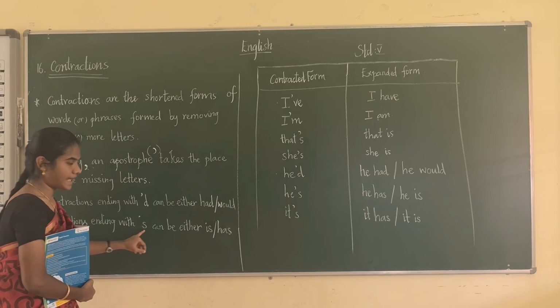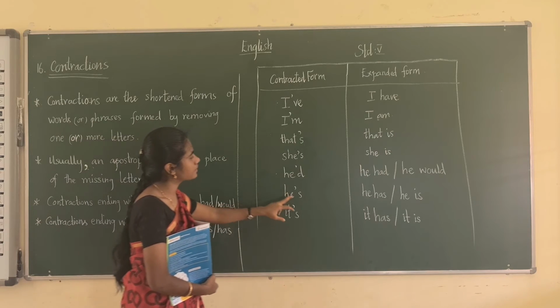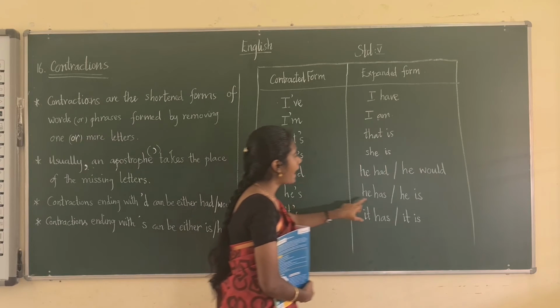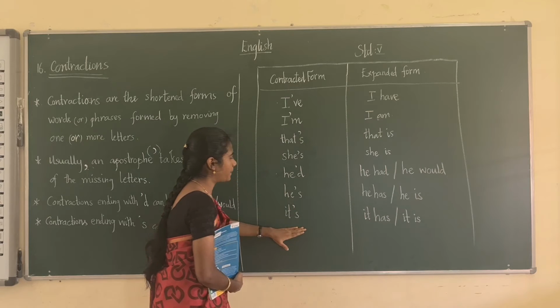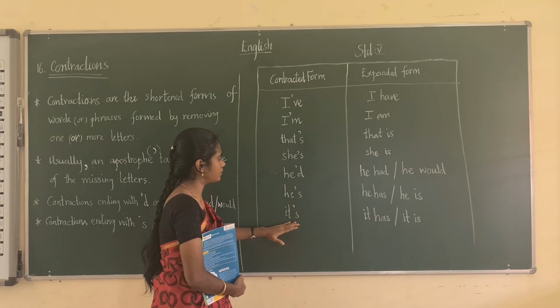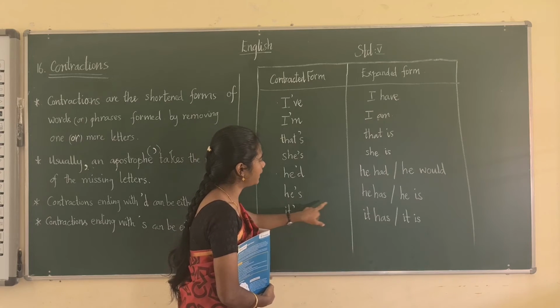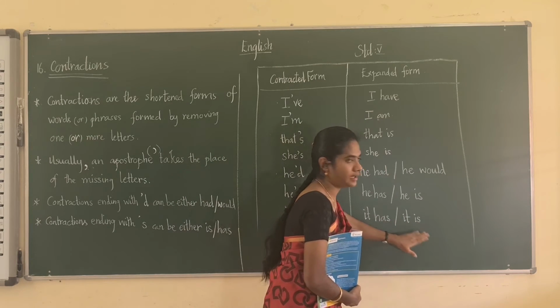Contractions ending with 's can be either is or has. Now see here, the contraction ends with 's. It can be either has or is. See here, the same example is given for it's also. Here the contraction ends with 's, so it can be either has or is. It has or it is.